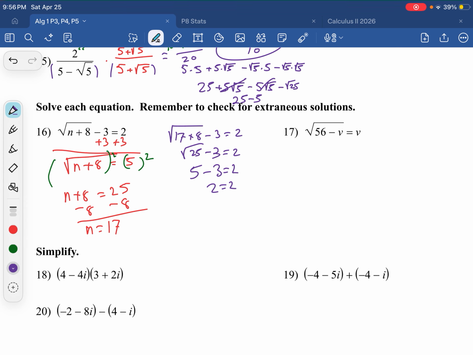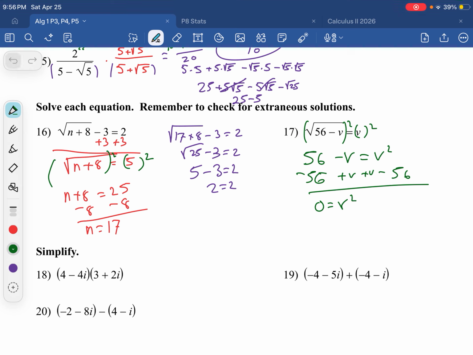Number 17 is made a little bit more complicated with the variable outside, but I get 56 minus v equals v squared. So I would subtract 56 on both sides and add v to get 0 is equal to v squared plus v minus 56.